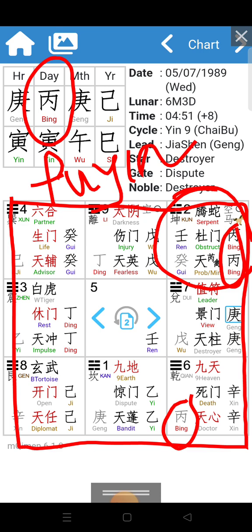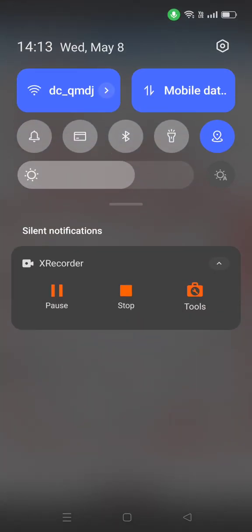Then the chart itself is still a static chart. It tells you what is going to happen, but doesn't mean that it will happen. As long as there's a third party involved, that's going to push the boundaries to another level. You see, so knowing it is good, but we also can control it. So that's the interesting part about Qi Men Dun Jia.